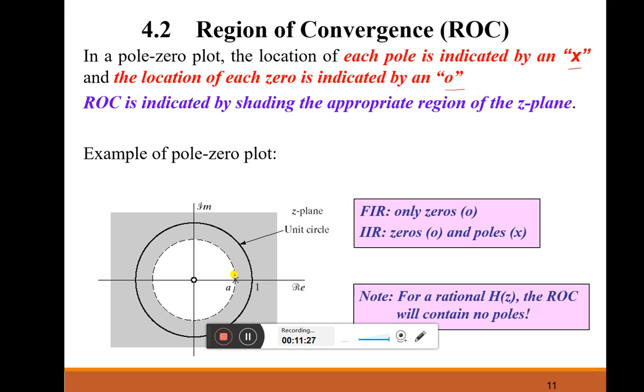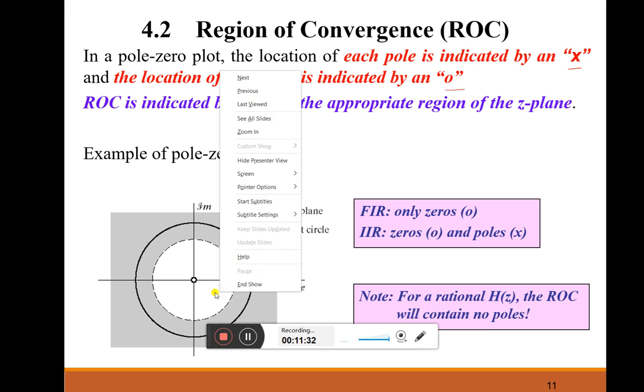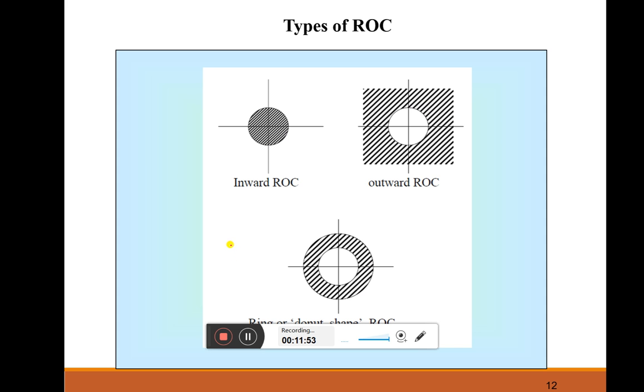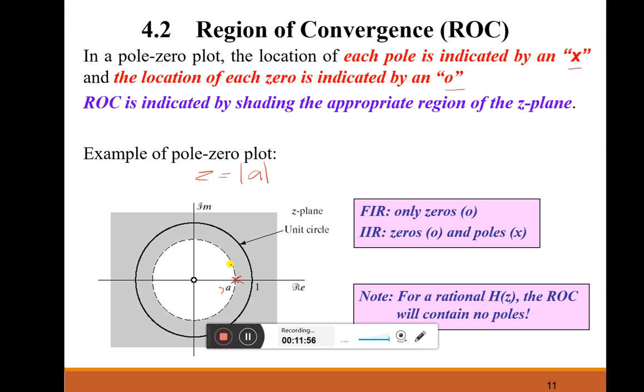So in this example, the pole is a, okay, pole adalah a, and it's marked by X. Alright, so dekat sini, you buat dalam bentuk annular region, dalam bentuk cincin.